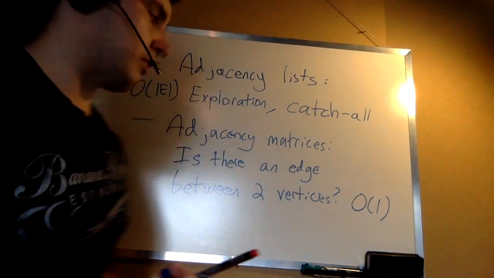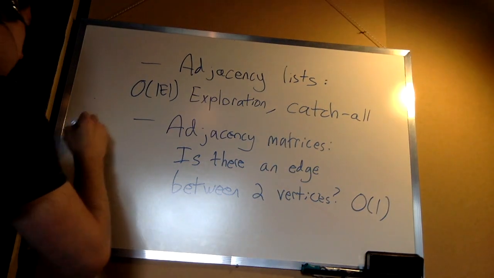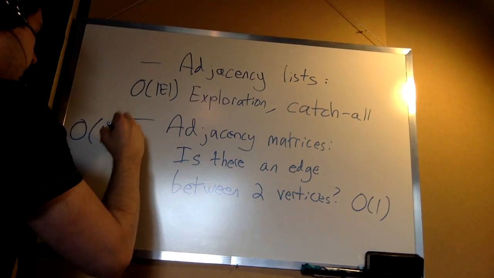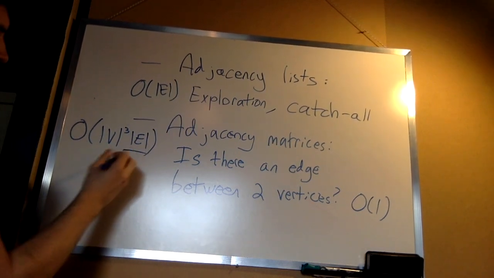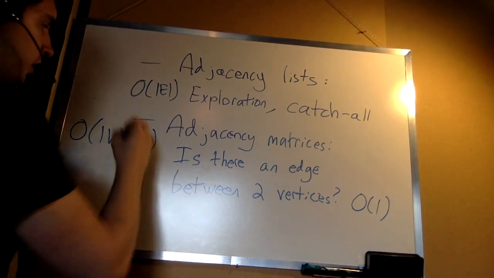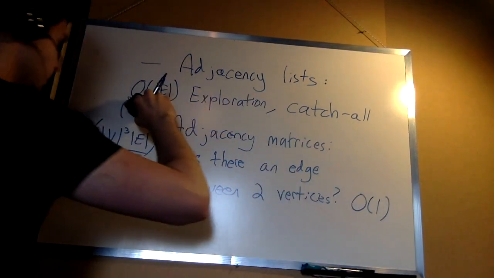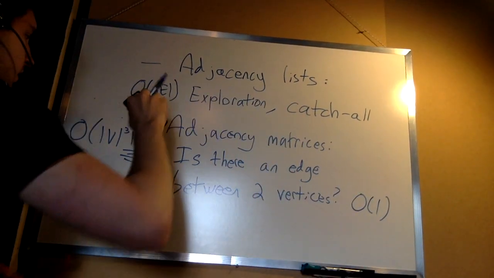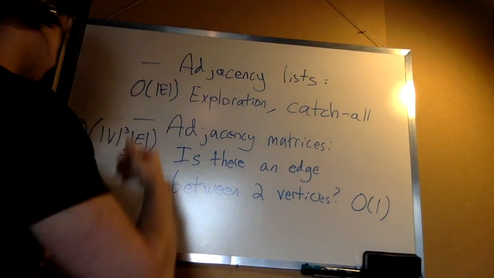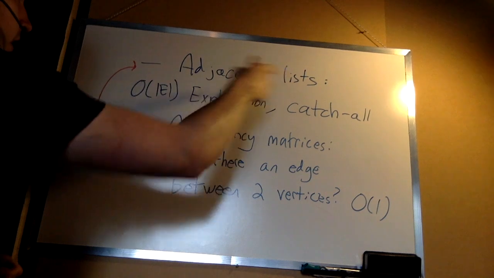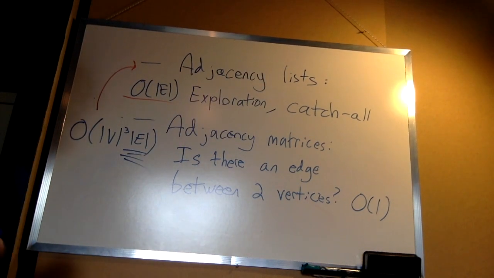And our bottleneck, remember, was, I'll write it over here, O(V^3 E). That was our bottleneck, and it was because we were doing this, using the adjacency list with its O(E) runtime.